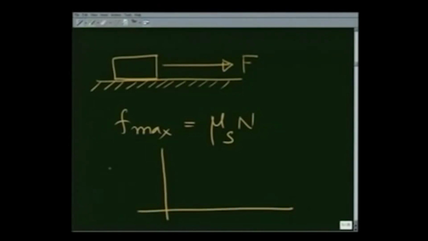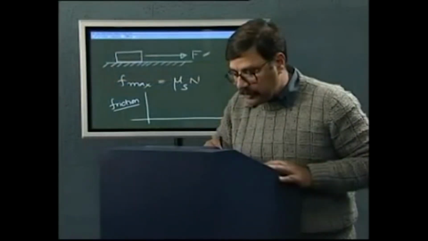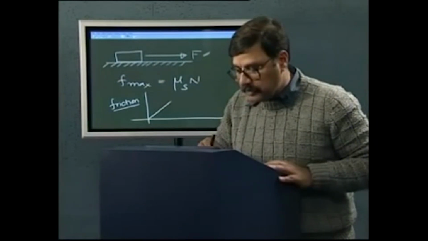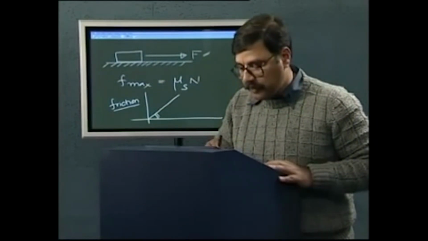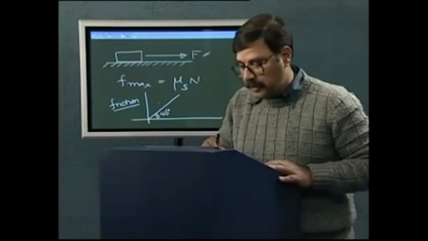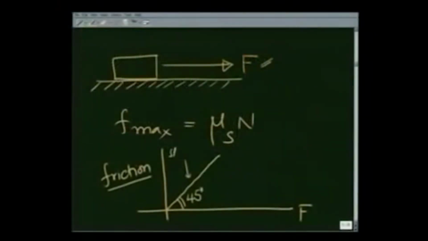If I plot the frictional force against the applied force F, you would see that the frictional force goes exactly as F, this angle being 45 degrees, so that the slope of this line is equal to 1.